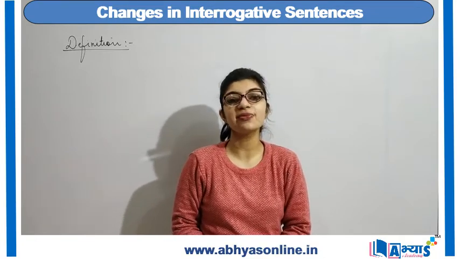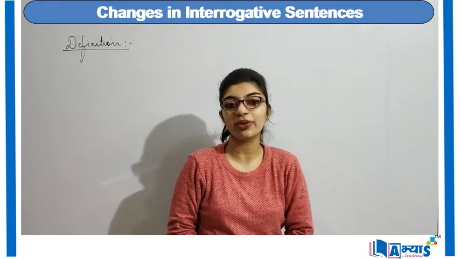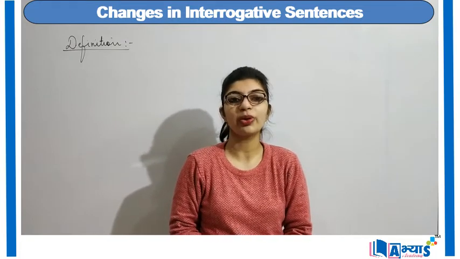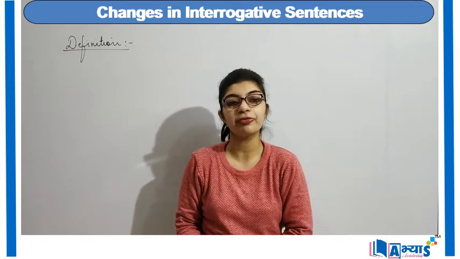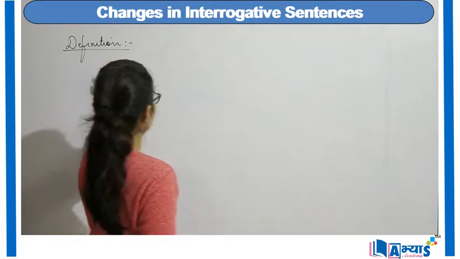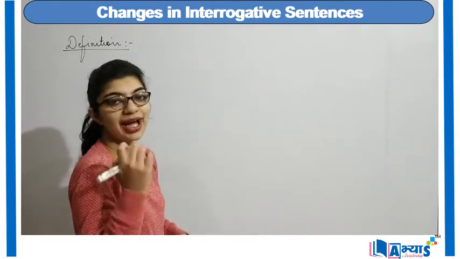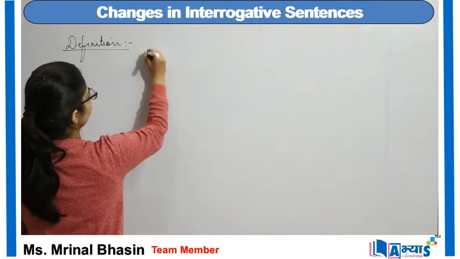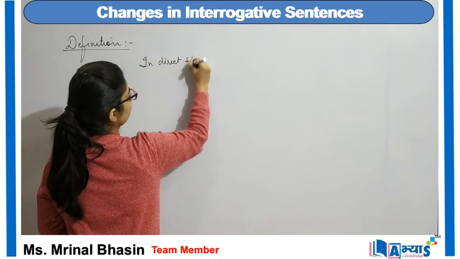So in this video we are going to discuss the changes in interrogative sentences when we are converting from direct speech to indirect speech or from indirect to direct speech. So the changes can be over here, like the direct, indirect speech.